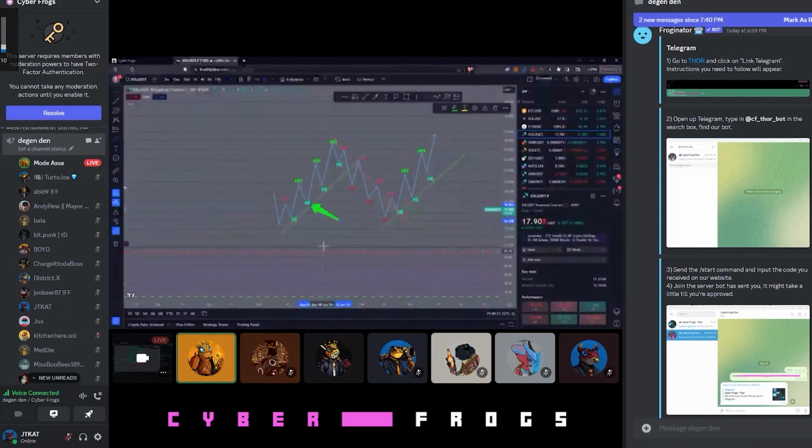Now, how do I know that entry? Because we've got the higher high, right? We made the higher low. We've got the higher high compared to here. So that's the break. Now I want to look at entering on the retest. So same thing.